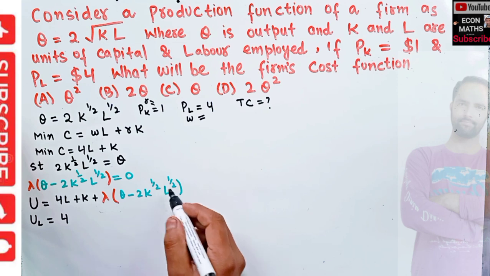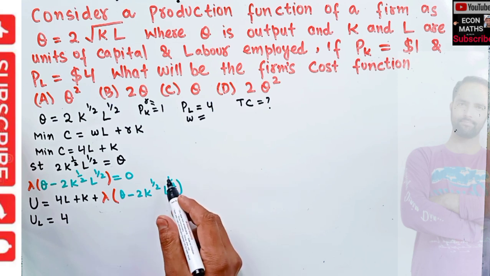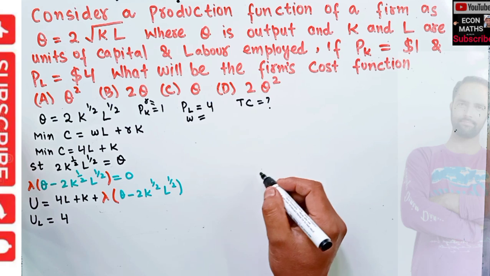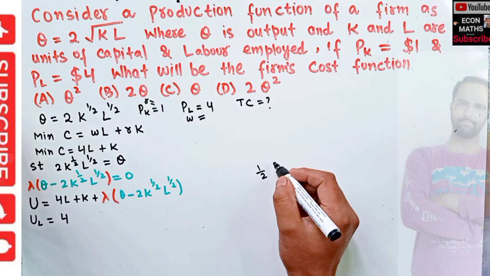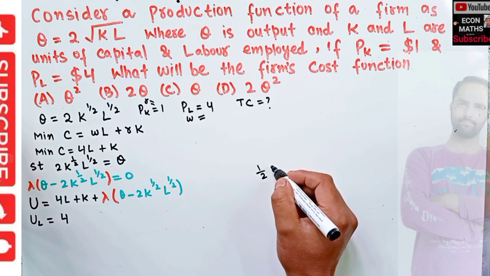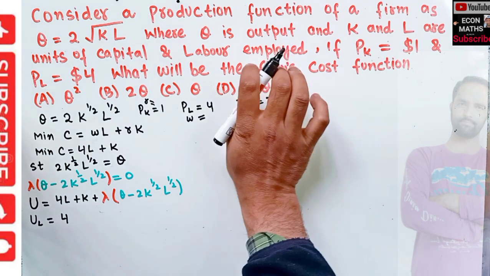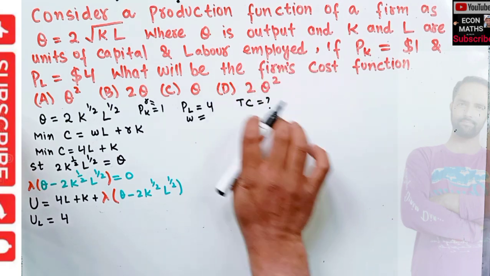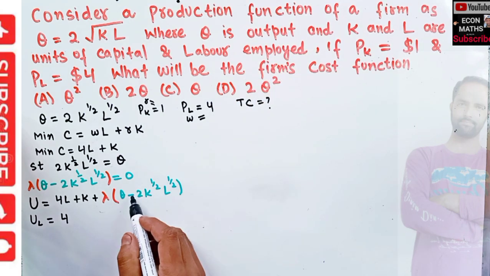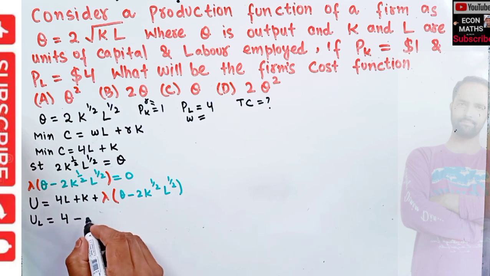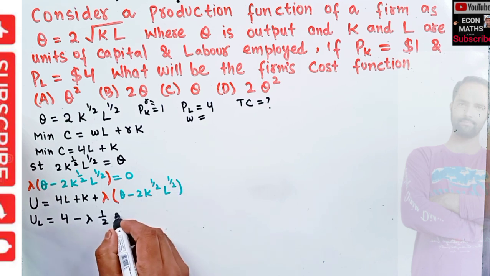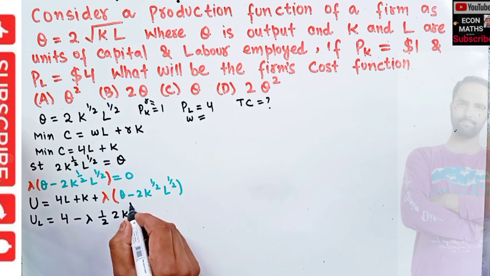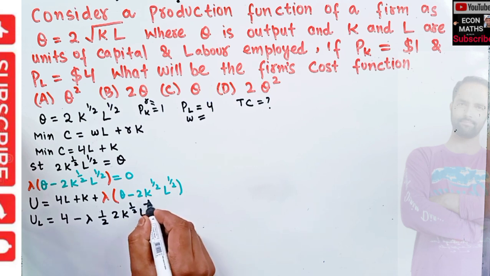So what is the derivative of L to the power 1 upon 2? 1 upon 2 becomes the coefficient. We have first minus, then lambda, then 1 upon 2 as coefficient, then 2 K to the power 1 upon 2 L to the power minus 1 upon 2.